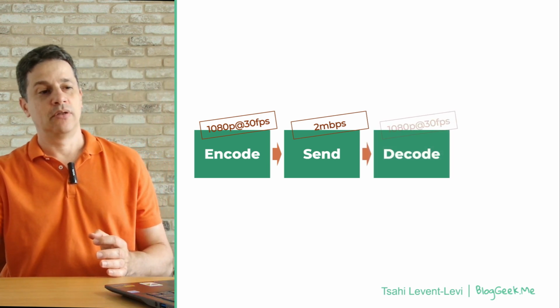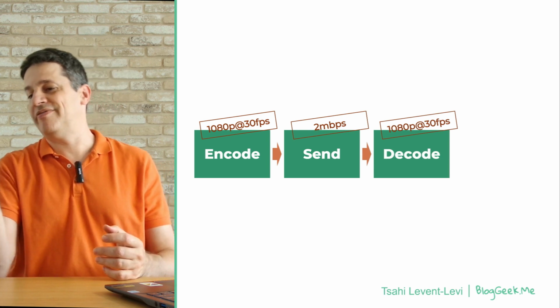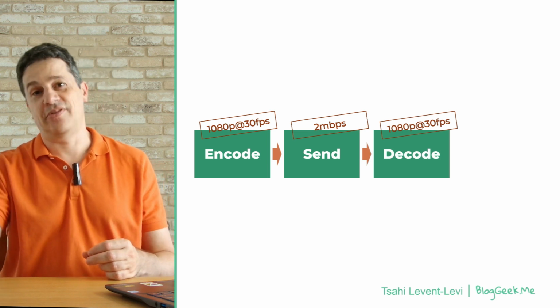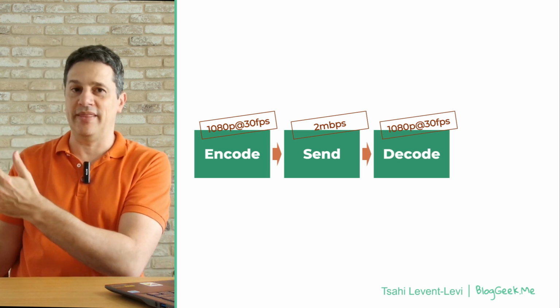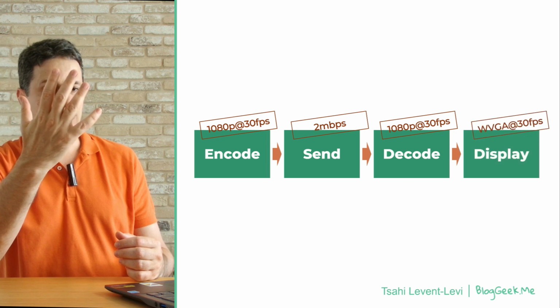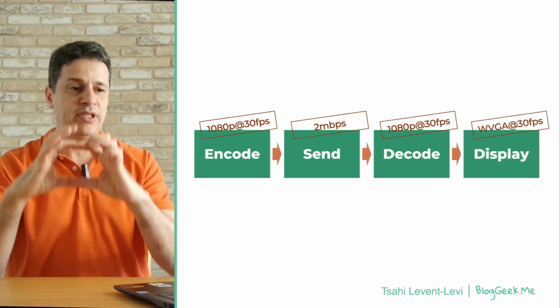The receiver is now looking at it saying, well, I've got a bit stream here at 2.5 or 2 megabits per second. It's 1080p resolution at 30 frames per second. Let's decode it, decompress it so I can display that. After decoding, it looks and says, well, the user needs to put it in this smallish window on the screen.